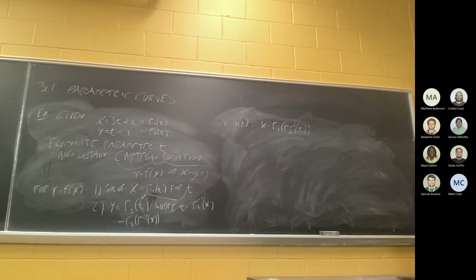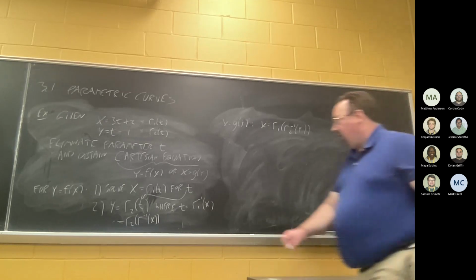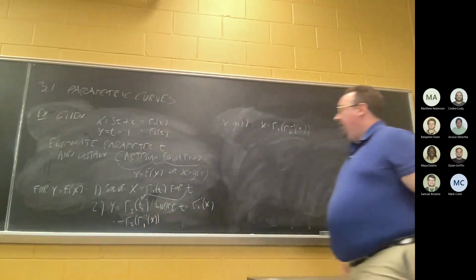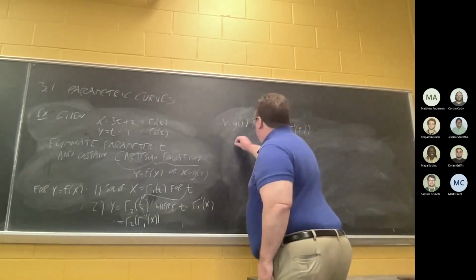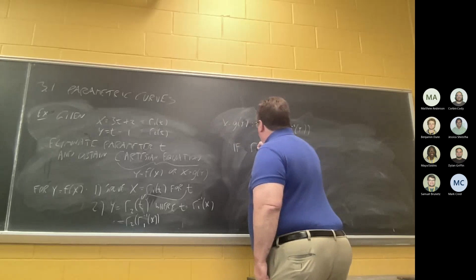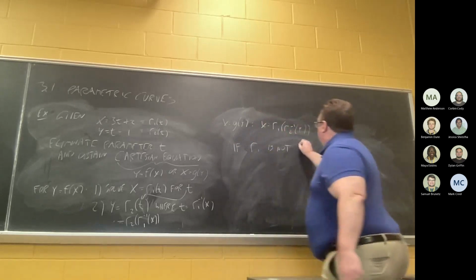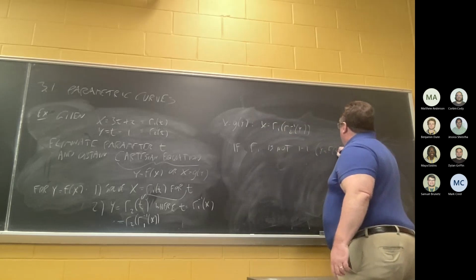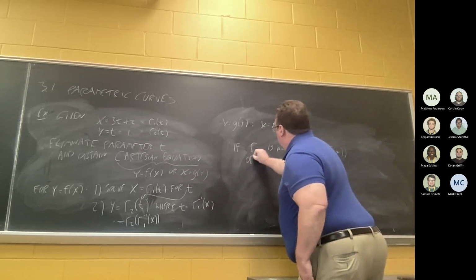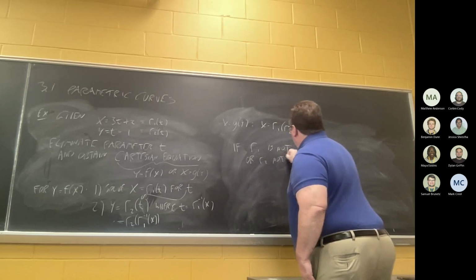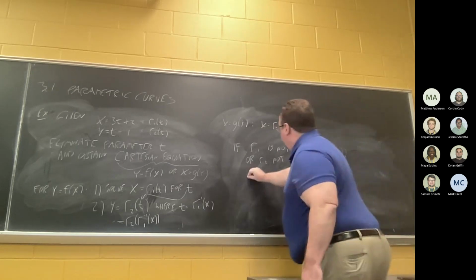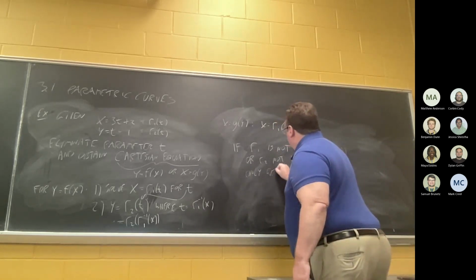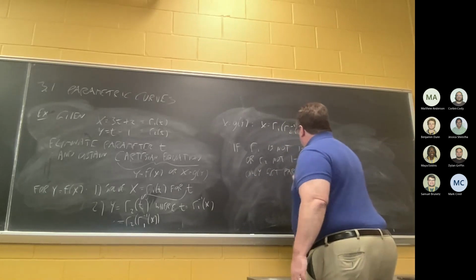Now this is assuming that whichever case you're using, that function can be inverted at all. Maybe it can't be. So if R1 is not 1-to-1, in the case of y equals f of x, or if R2 is not 1-to-1, for the x equals a function of y case, then you're only going to get part of a curve.